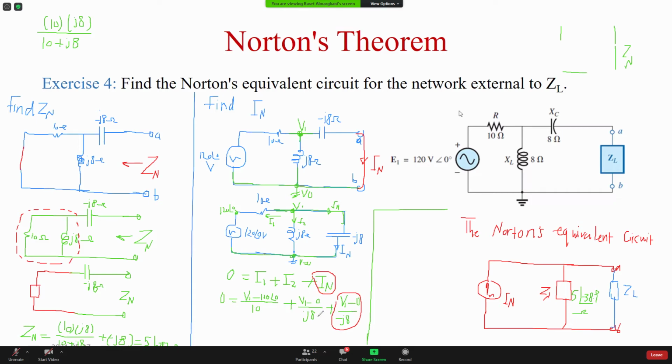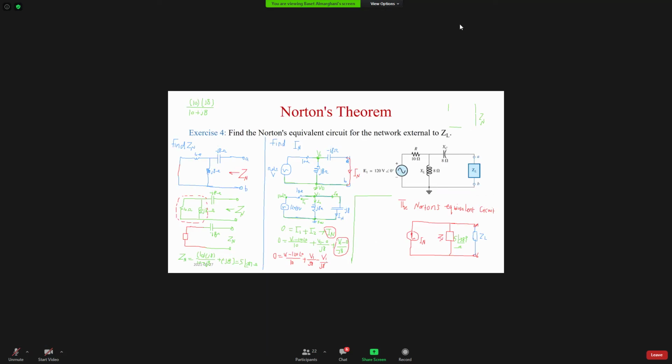Now, to solve this equation, we get 0 equal to (V1 minus 120 angle 0) divided by 10, plus V1 over j8, minus V1 over j8. These two terms, V1 over j8 minus V1 over j8, cancel out.